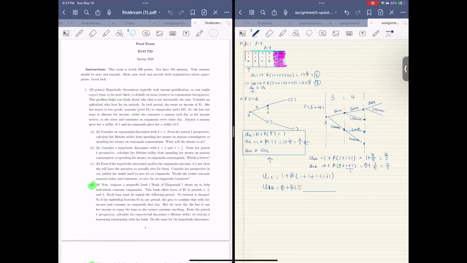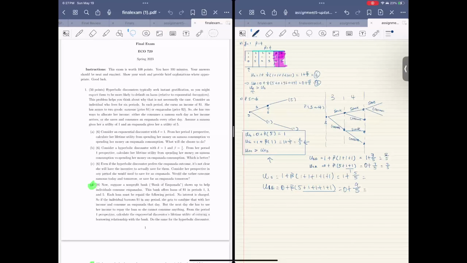We already know that this person in period 3 to period 6 will consume only samosa, so we just add 1 plus 1 plus 1 plus 1. So what you get is 1 plus 5 out of 5, and this would be 0 plus 9 out of 5, right?